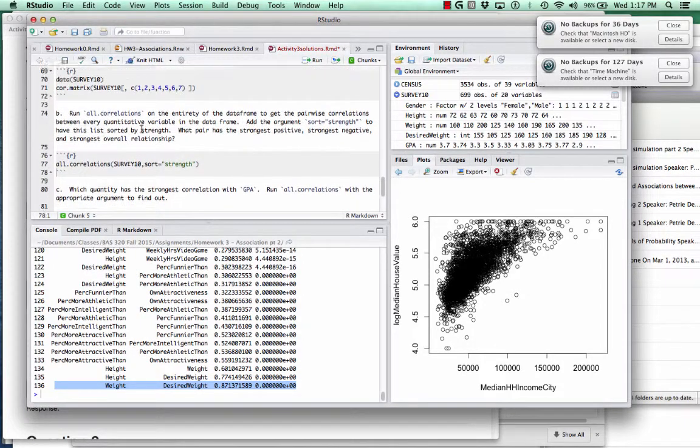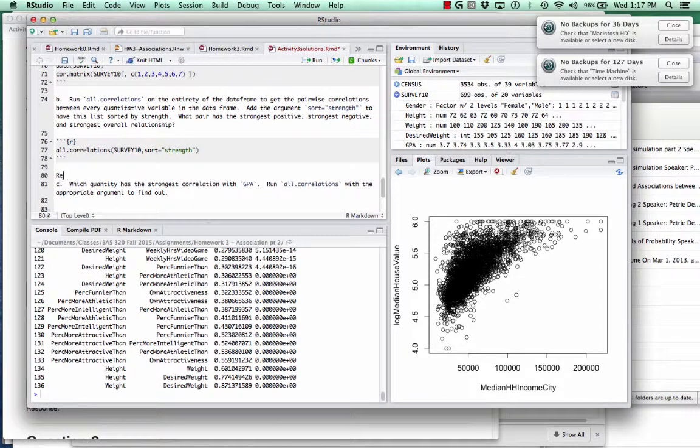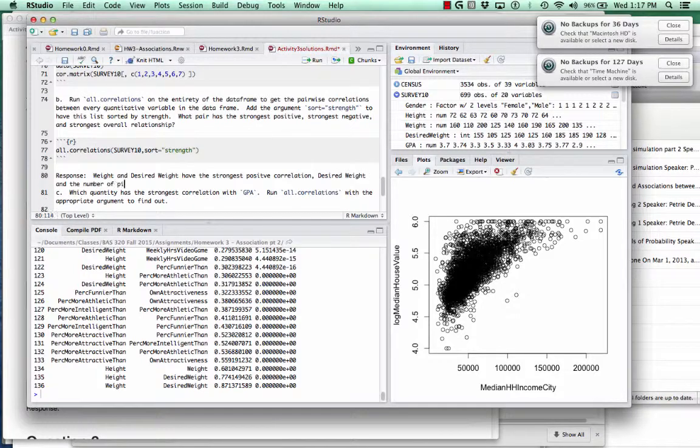So we would say that weight and desired weight have the strongest positive correlation. Desired weight and the number of piercings has the strongest negative correlation.